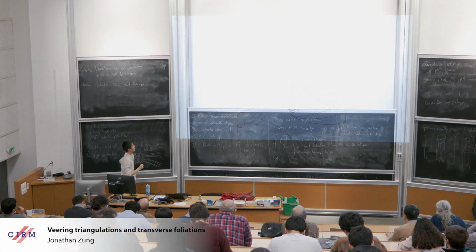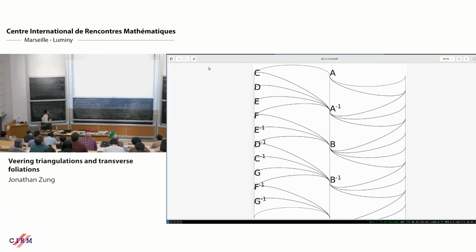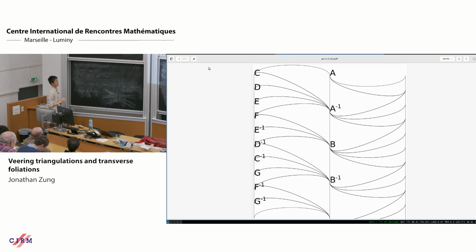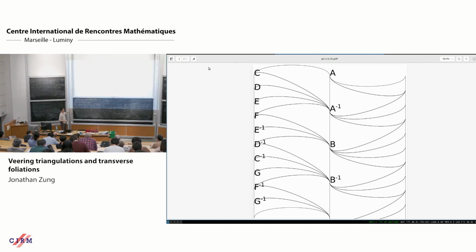So we've reduced the problem of understanding foliations transverse to this pseudo-Anosov flow to this problem in one-dimensional dynamics. And in particular, we can show that there are a whole bunch of pseudo-Anosov flows that don't admit transverse foliations in this case. Okay. So maybe I'll say 4.